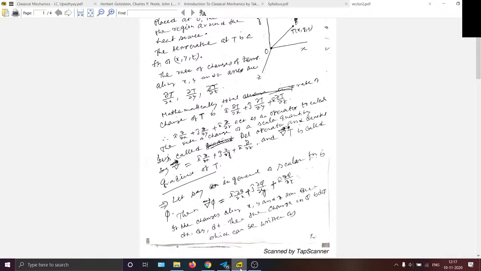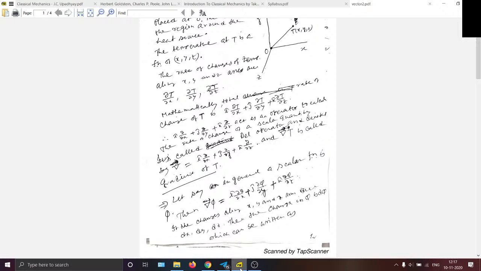If you do a vector addition of these three components, you find the total rate of change in your function T. In general, I can write i cap del del x plus j cap del del y plus k cap del del z. It acts as an operator on your function T and gives you the rate of change of that function T.